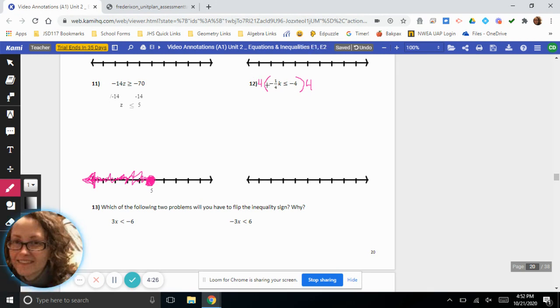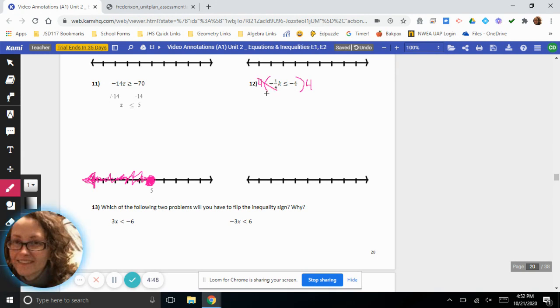So if I multiply this by 4, I have 4 times something where I'm dividing by 4. So those will get rid of each other. Opposite operations. 4 and the dividing by 4 will get rid of each other.